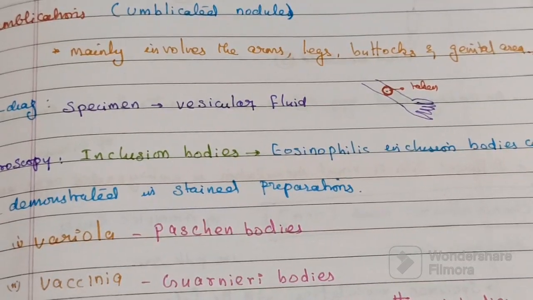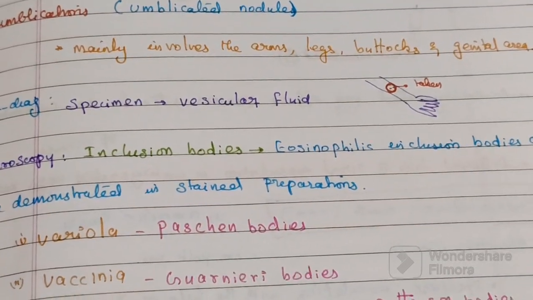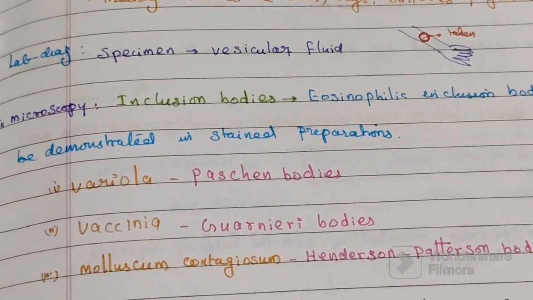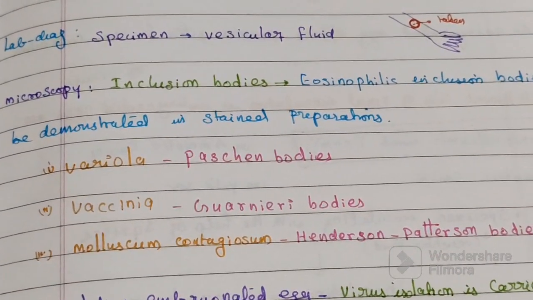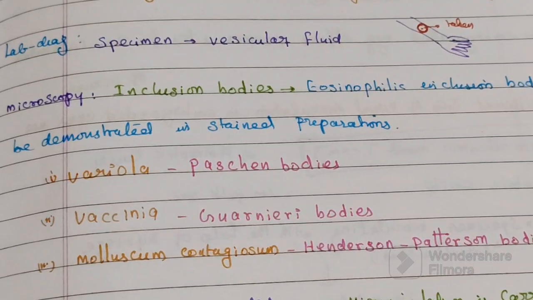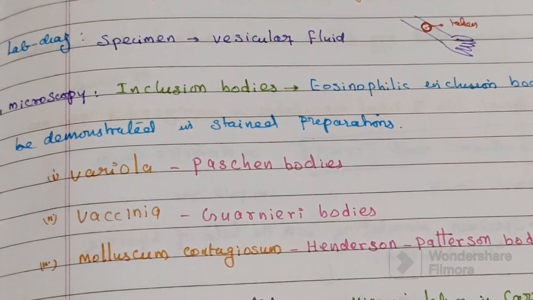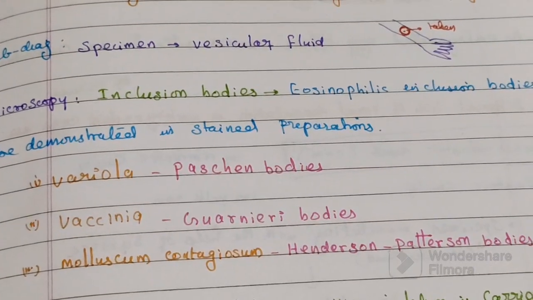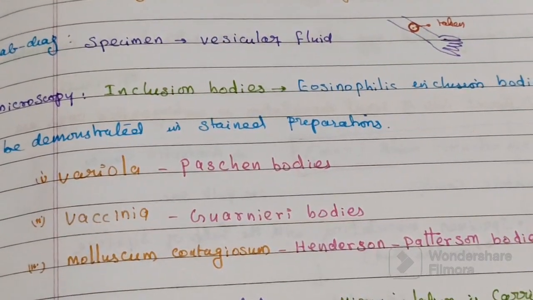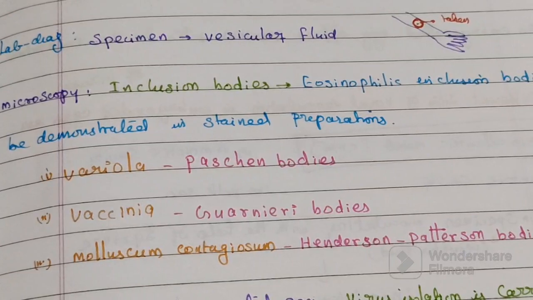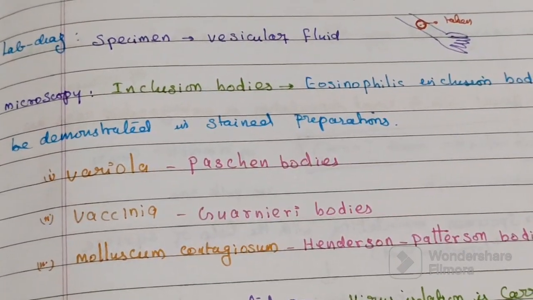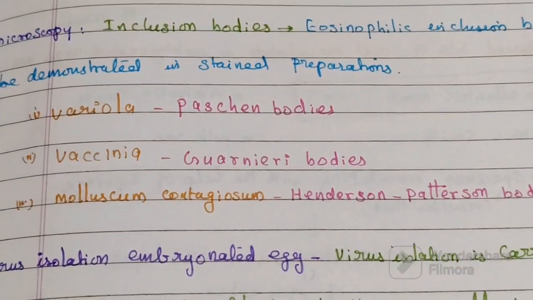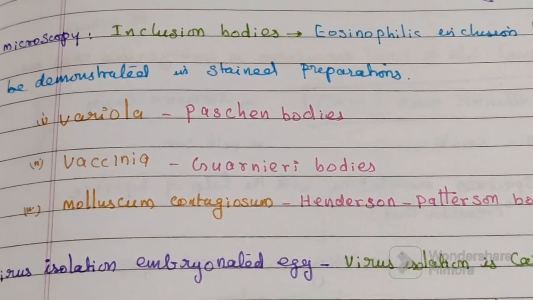After that, two things with the vesicular fluid. First, directly make a slide and examine under the microscope. Under the light microscope you can see inclusion bodies.